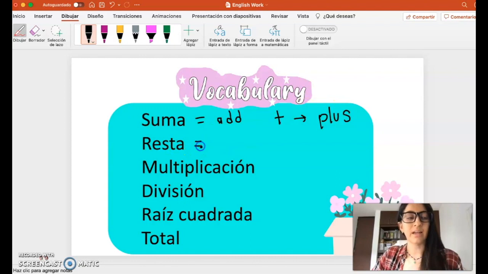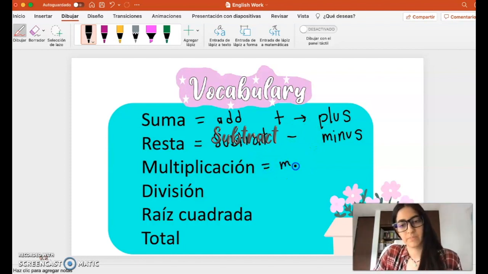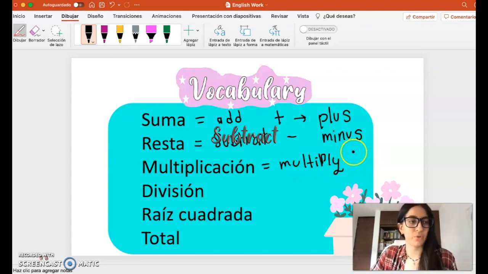Like 2 plus 4, we are going to use plus. The next is resta, we can say subtract, and the symbol is minus. The next is multiplication. We can say multiply, and the result is the product, okay, the product.